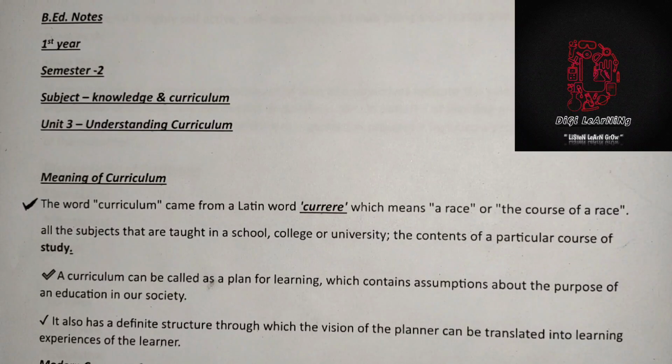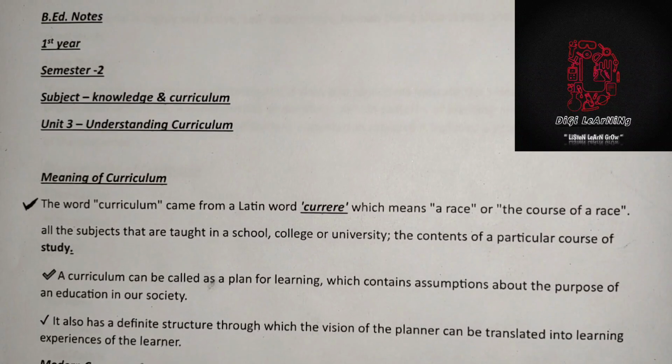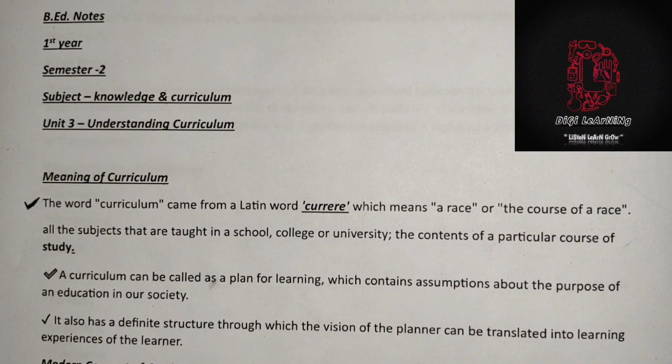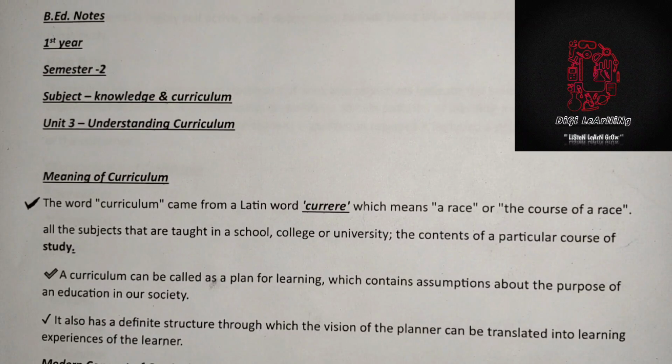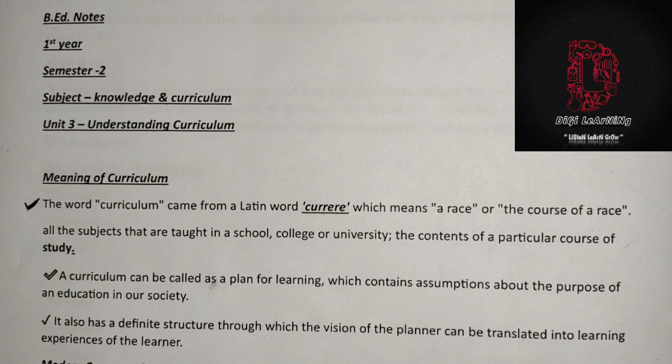B.Ed notes first year semester 2, subject is the knowledge and curriculum, and unit 3, that is understanding curriculum. First comes the meaning of curriculum. The word curriculum came from the Latin word curricere, which means a race or the course of a race. All the subjects that are taught in school, college or university, the contents of a particular course of study, is called the curriculum.